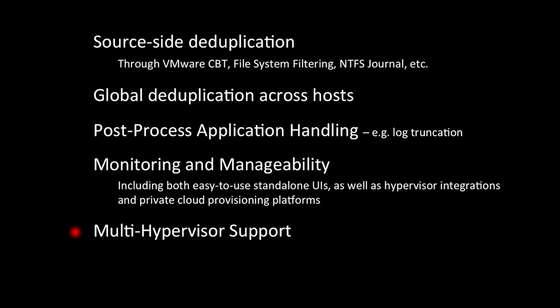It wasn't that many years ago there really was a primary hypervisor that was suitable for enterprise and large mid-market environments. But today there's a lot more parity from a hypervisor perspective, and it really comes down more to manageability as much as the hypervisor itself. And with that in mind, you want to make sure that your data protection solution not only backs up VMware, but probably also backs up either Citrix or Hyper-V, as well as, of course, integrates into the management tiers to support those multiple hypervisor private cloud type infrastructures.